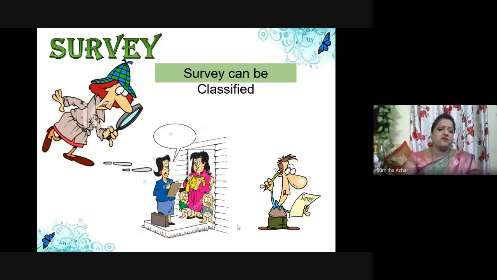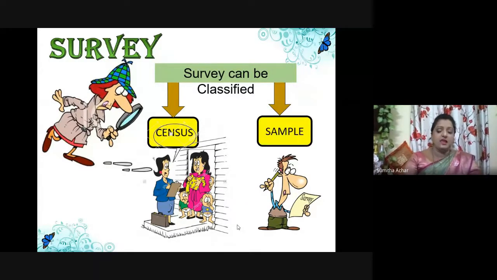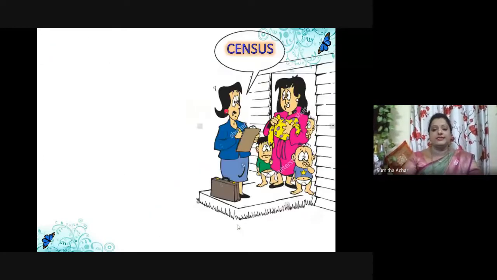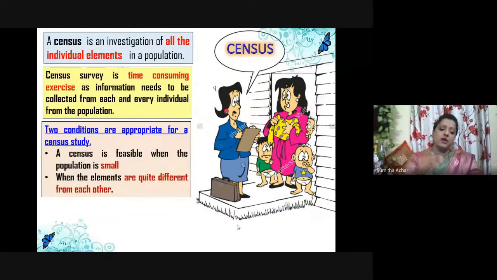Now, survey, right? Why are we talking about a survey now? When we are considering a population, the complete enumeration of a population is what is called a census study. And if you're considering a part of a population and making a study, then we call it a sample study, right? Now, census study has its own limitations, and a sample study also has its own limitations.